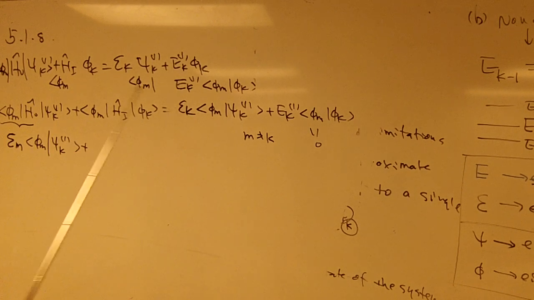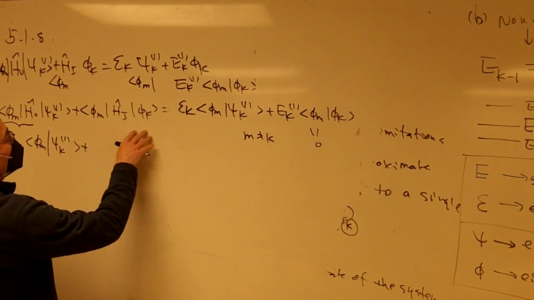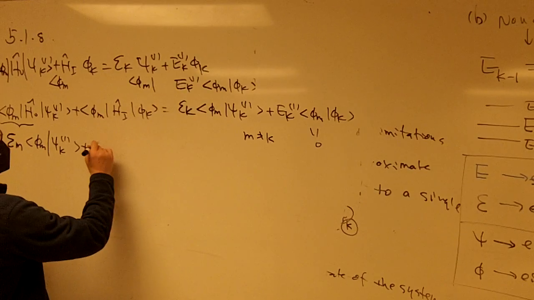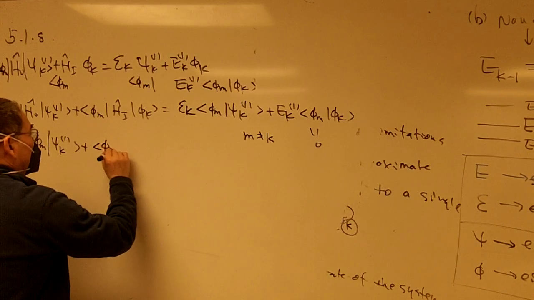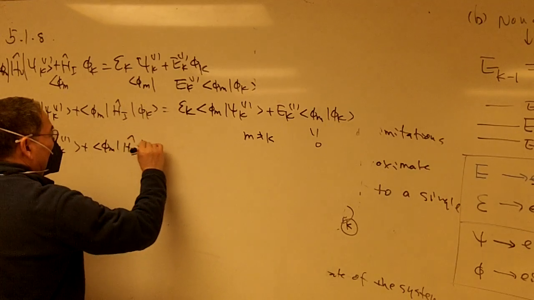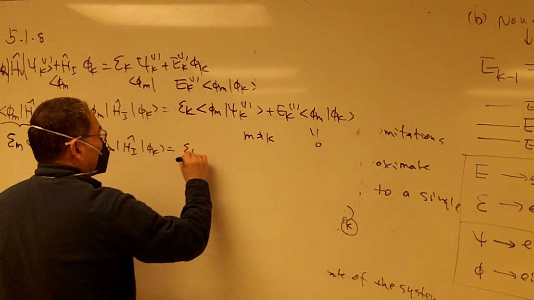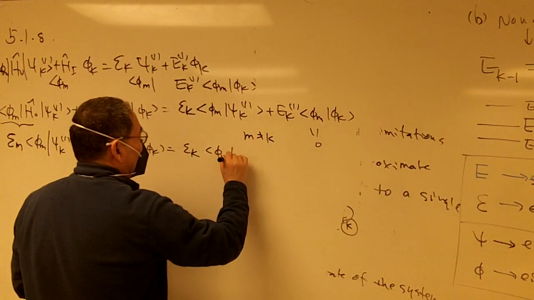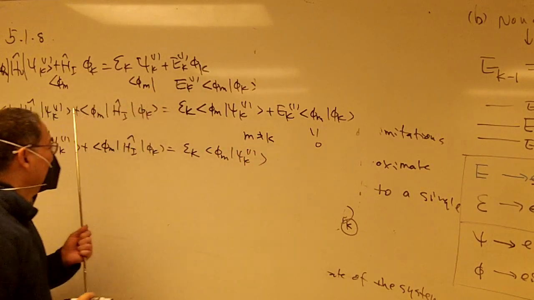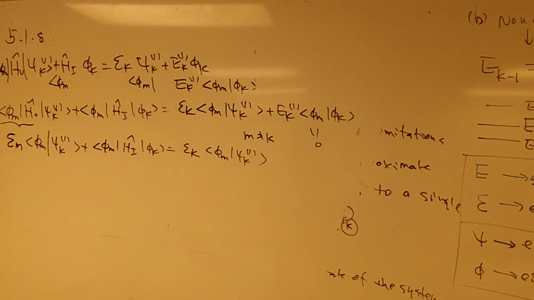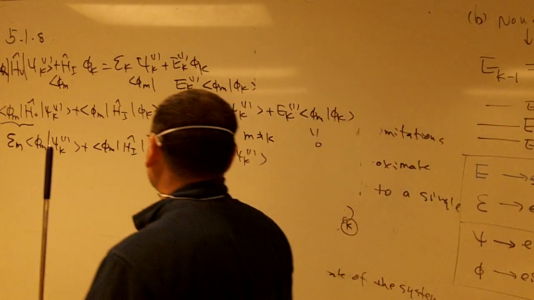So this term is going to be 0, and this term becomes like that. The middle term we cannot do anything with because there's no way to simplify it. Phi m, h naught phi k, epsilon k phi m psi k first order, like this. So that is what we have. And this equation is closer to the textbook equation, but not completely the same.